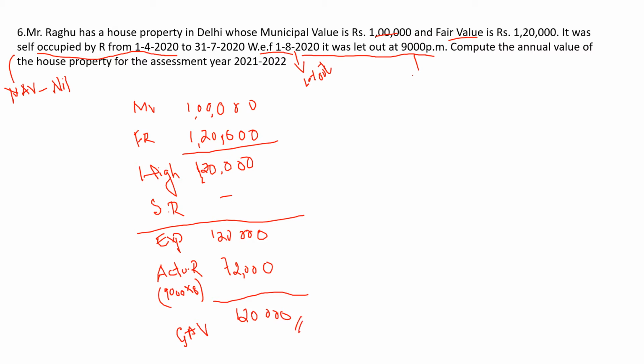If something had been provided about the municipality tax, we would have deducted it from the gross annual value to get the net annual value. Since nothing has been provided in the question, we leave it at this part.